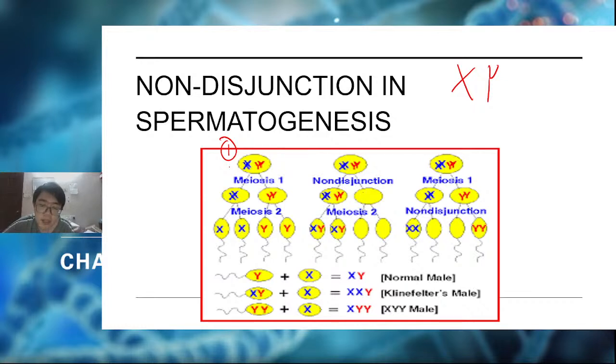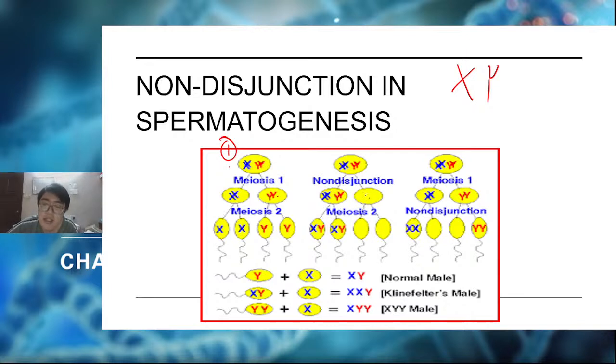have one cell that contains all the gametes here. So XXYY. Normally a sperm contains only either X or Y, but here all the X and Y are in this one cell. The other cell does not contain any sex chromosome.